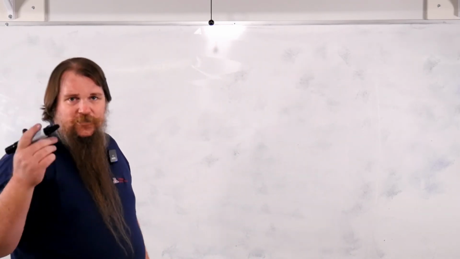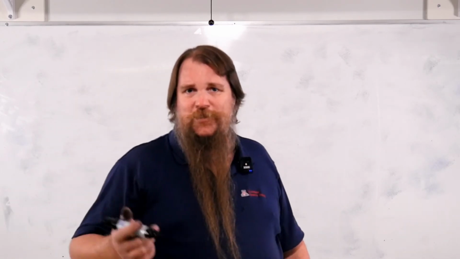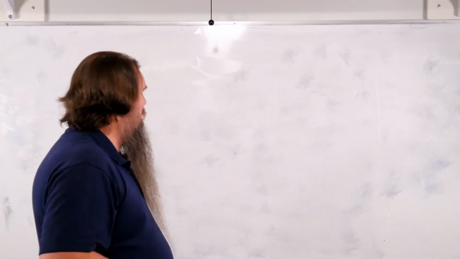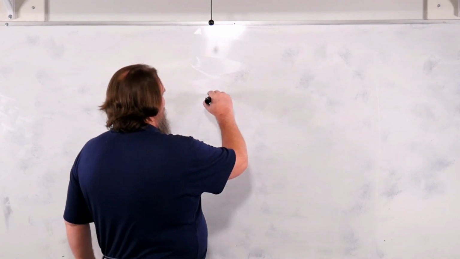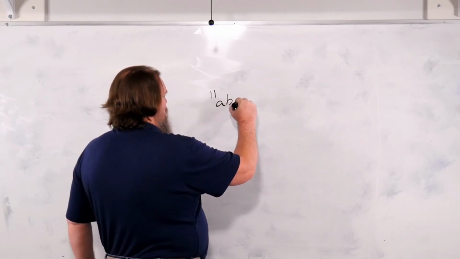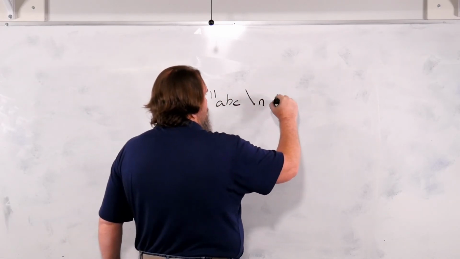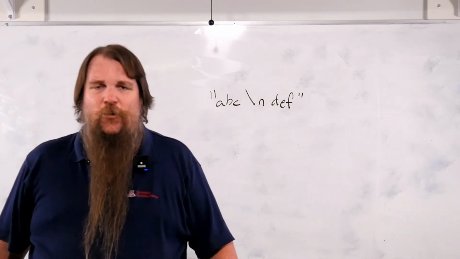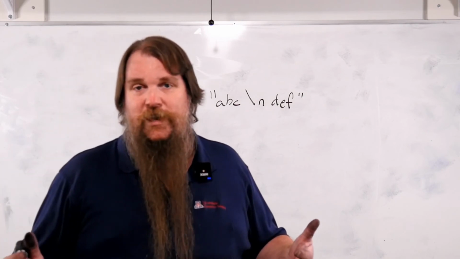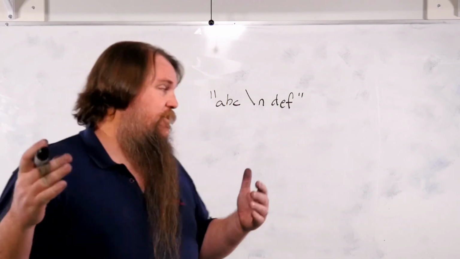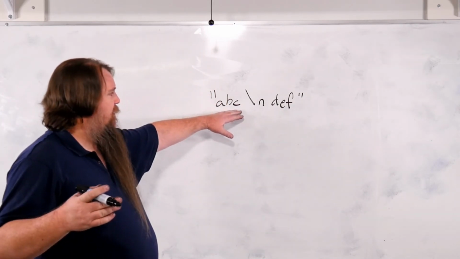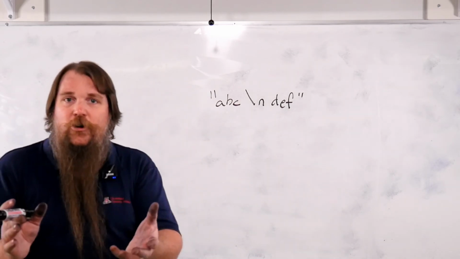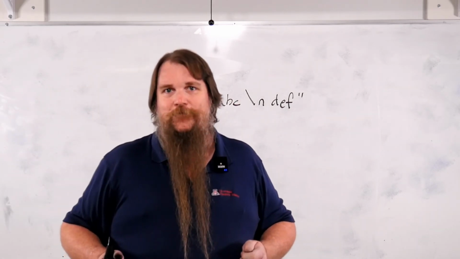Sometimes you want to print a long string and it wants to have a whole bunch of new lines in it, but we've looked at that and we've realized ABC, new line, DEF, that's not real easy to read. Wouldn't it be nice if there was some way to define a string where it would look the way you want it to print?